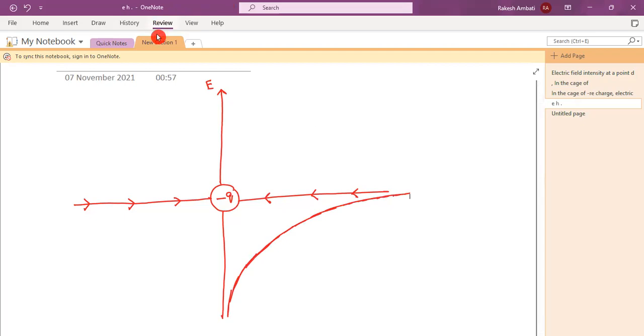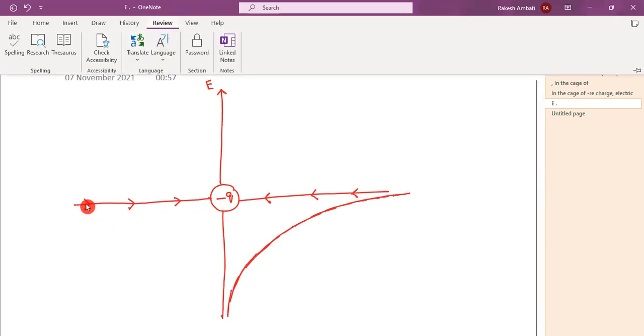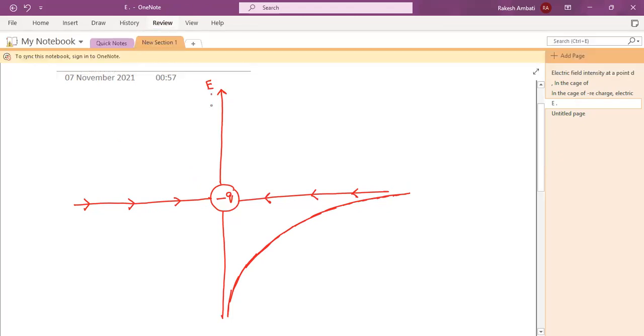Then, here the intensity is in the positive direction, so we draw the graph on the positive side. So this is the graph. As the distance increases, intensity gradually decreases.